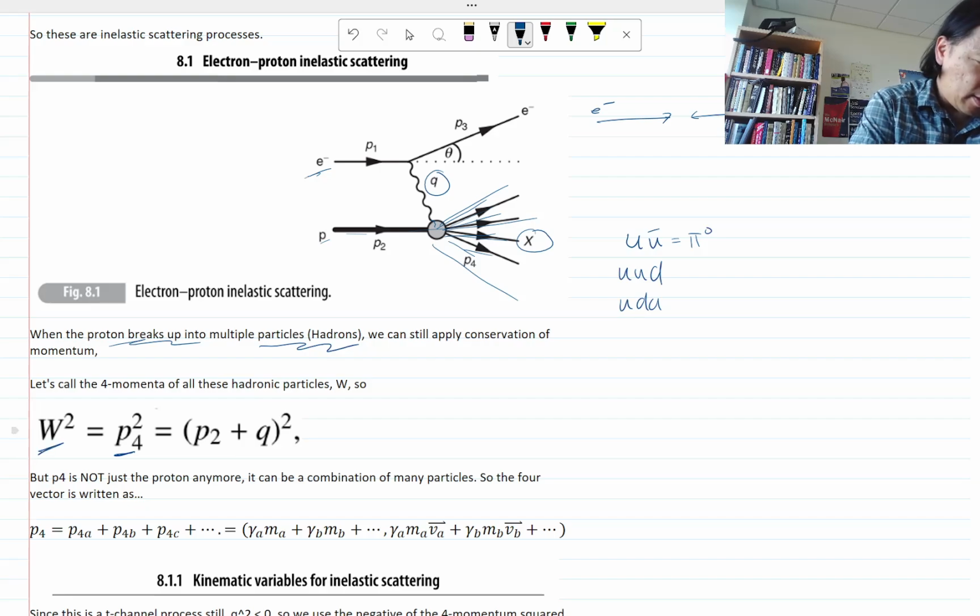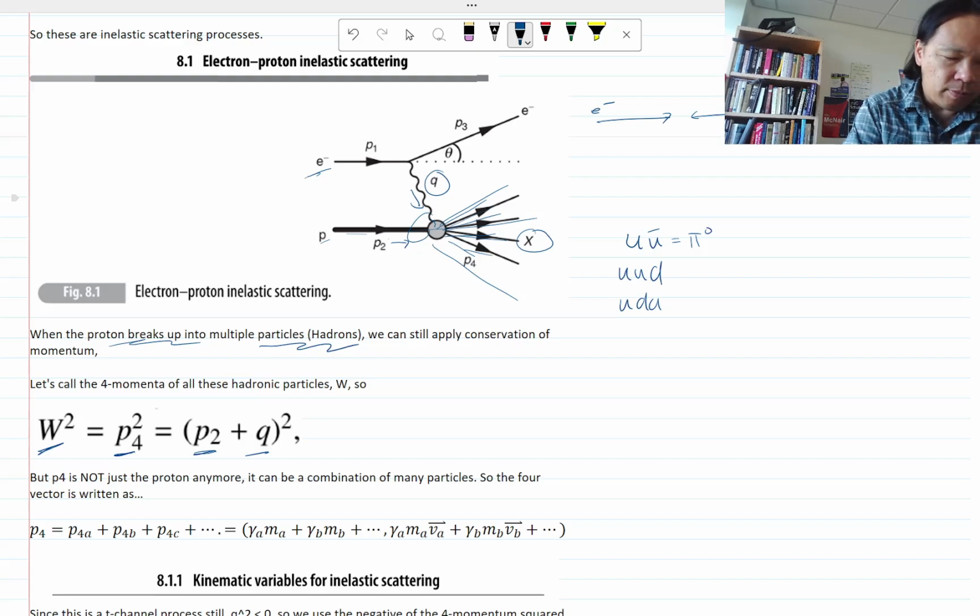We're going to call that W instead. It's actually a jumble of different particles. That's just P2 plus whatever Q is. So if you have Q coming in here, you have P2.